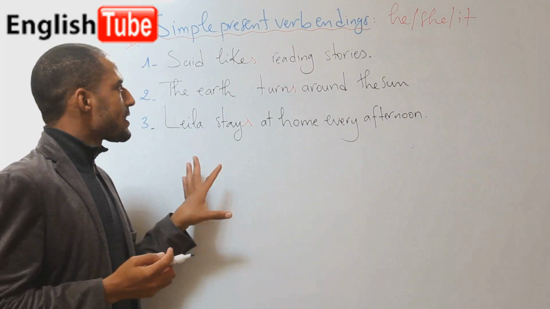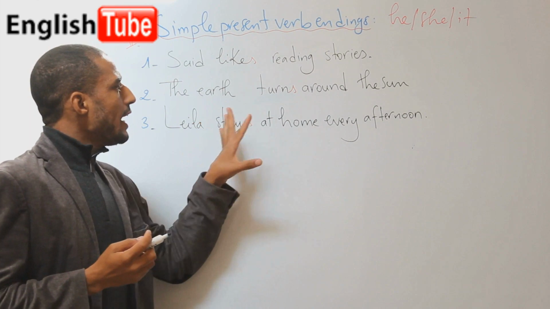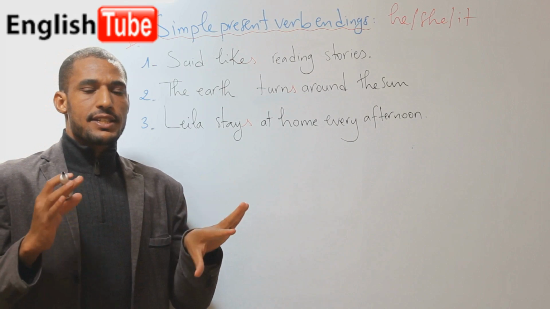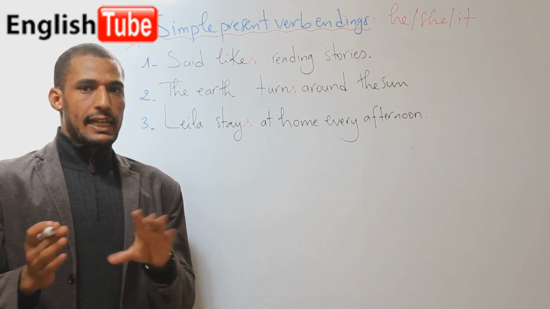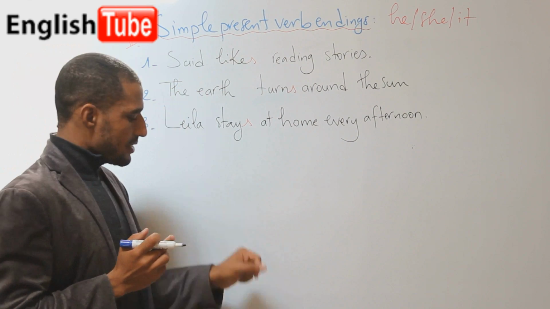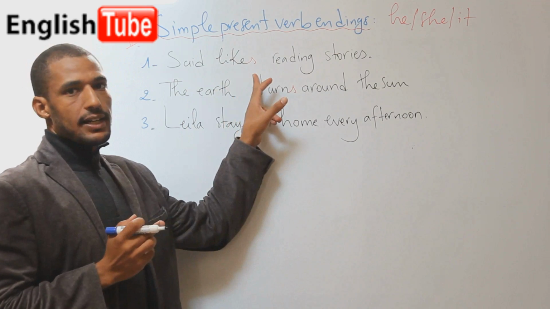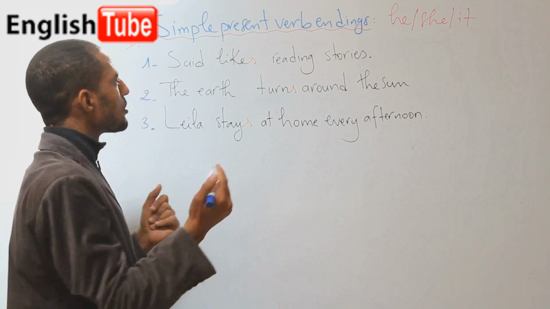Let's move on and study the following sentences. We have 3 sentences here, and now we're going to discover the rule: when should I add S at the end of a verb in simple present? Let's start with sentence number 1: Saeed likes reading stories. Where is the verb here? The verb is like.